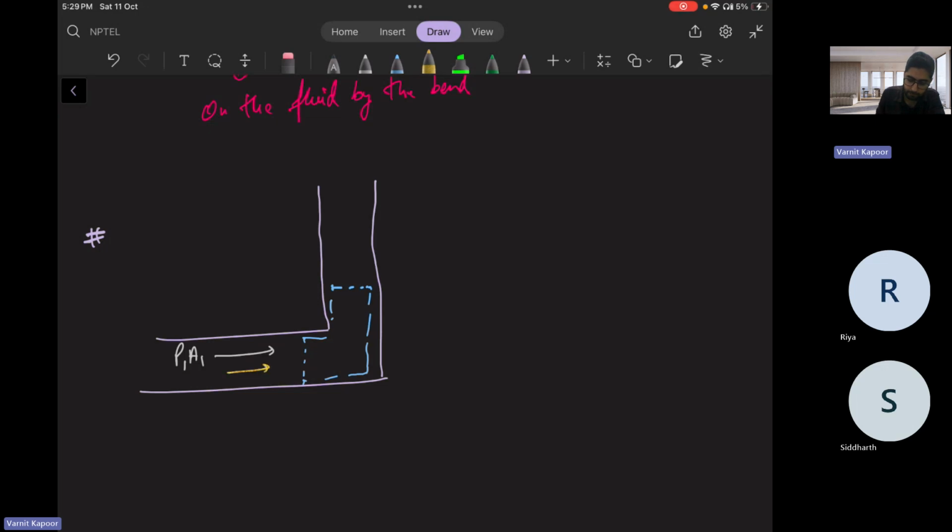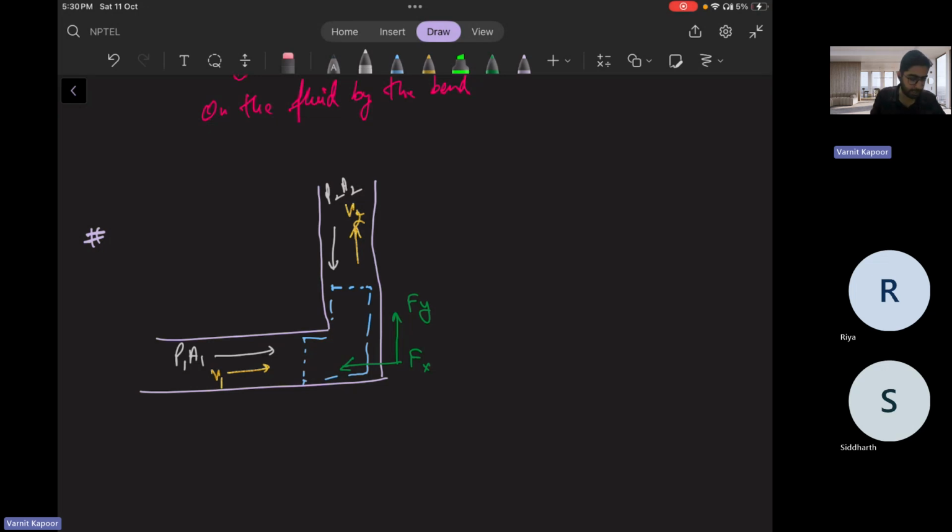There will be some velocity of the fluid, V1, and the velocity of the fluid V2. There will be pressure acting by the fluid above on the element, that is P2A2, in this direction. There will be a net horizontal force by the bend here. Let us assume this is the direction Fx, and by the bend here, let us suppose the direction is Fy, on the fluid element by the bend from the downside and from the right side.